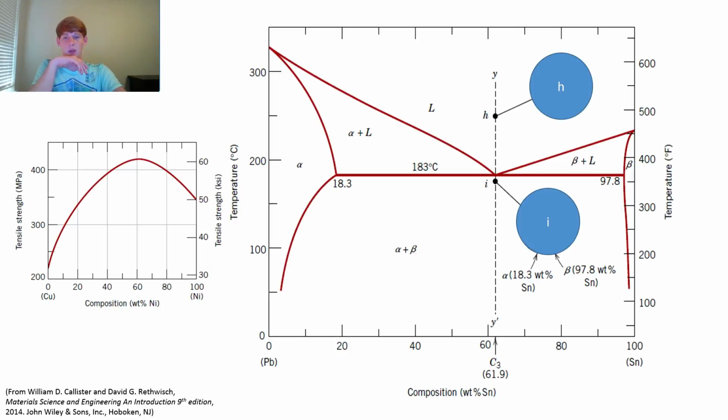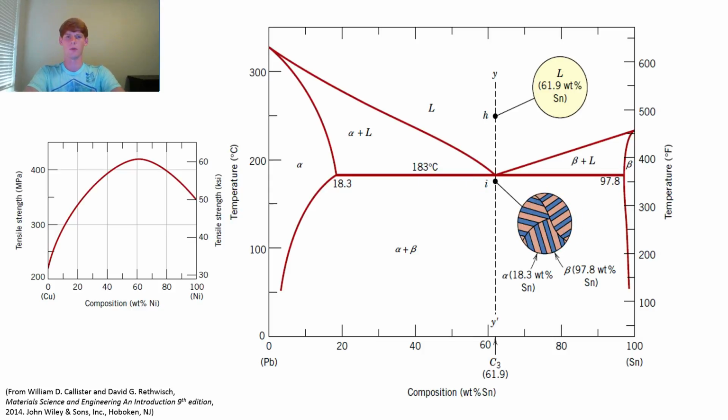Now what happens if we go through the eutectic point itself? So if we go straight from point H, which is just liquid, to, excuse me, the point I, it completely solidifies into a microstructure without getting any alpha or beta blobs of phases stuck in there. So it's pure eutectic microstructure.